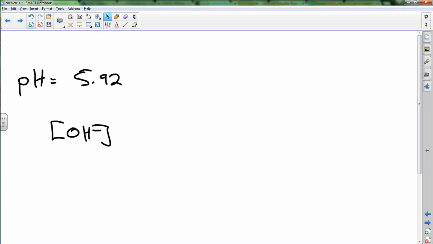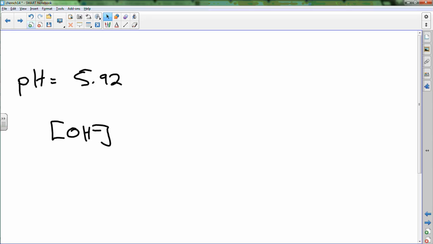Listen, this is the H plus ions. We know that this, multiplied by this, has to always equal 1 e to the negative 14.